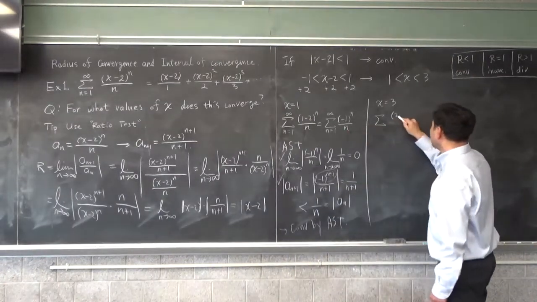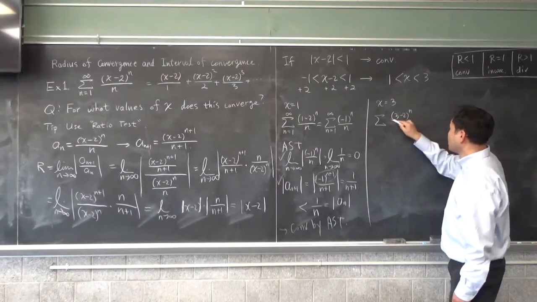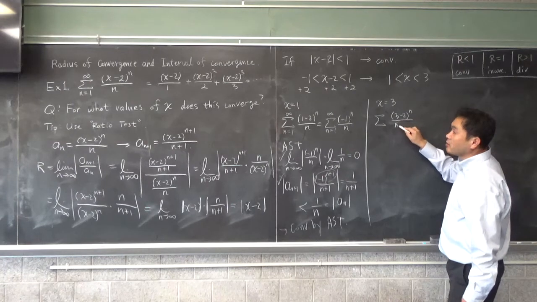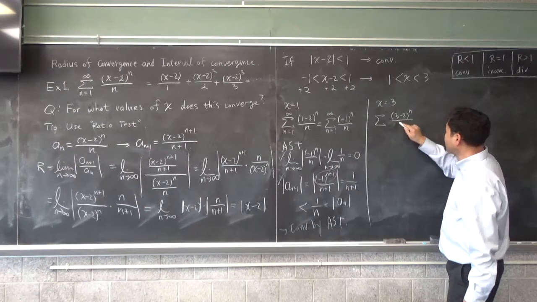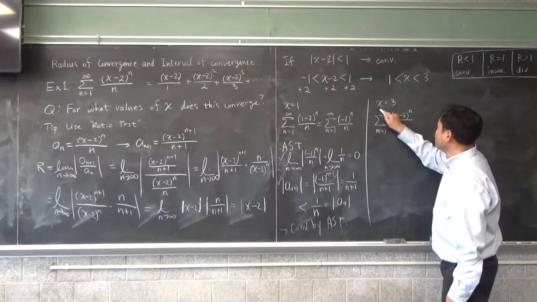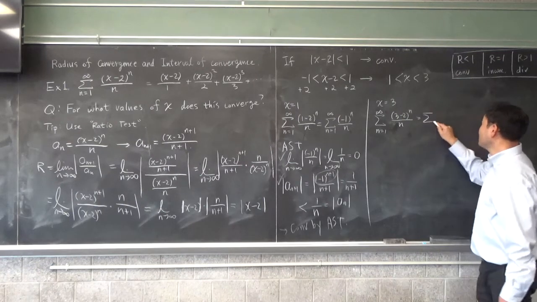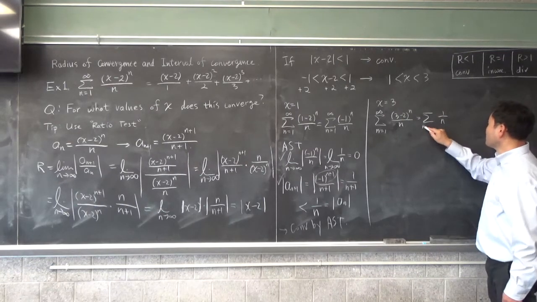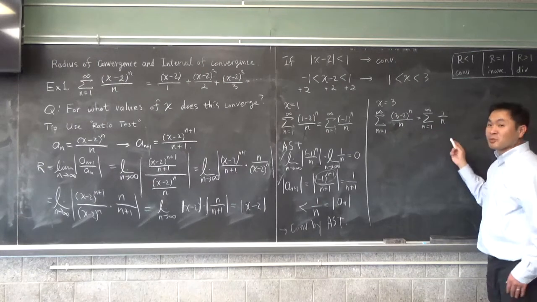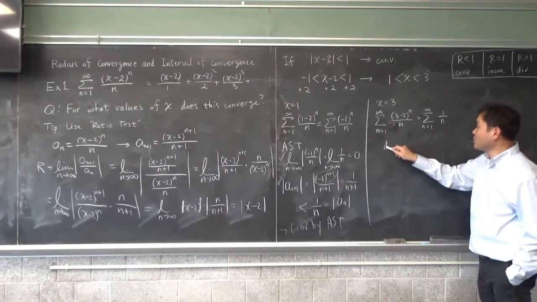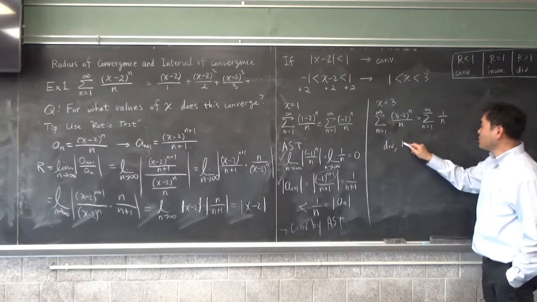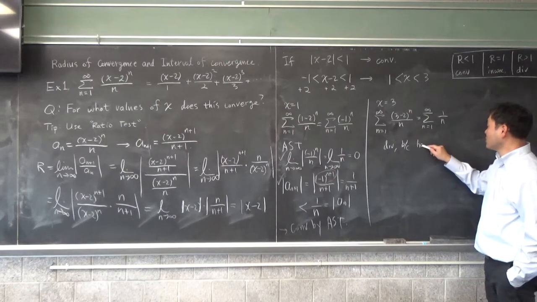That's (3 minus 2) to the nth power over n, from 1 to infinity. And this one is something that everyone knows. Does this converge or diverge? Diverge. Diverges because it's a harmonic series. Okay.